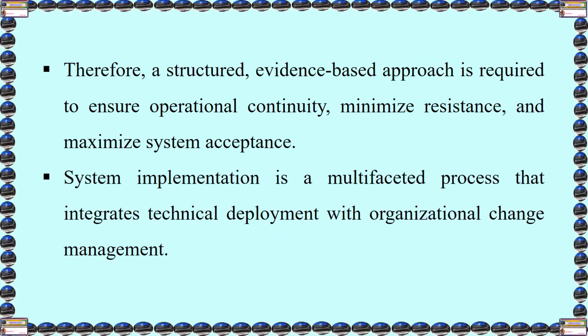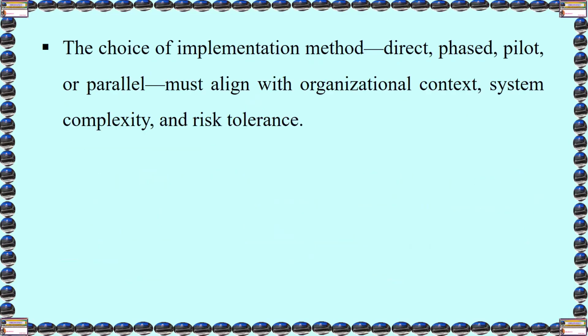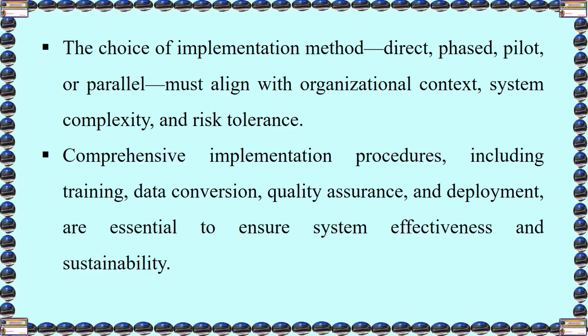System implementation is therefore a multifaceted process that integrates technical deployment with organizational change management. The choice of implementation method, that is whether direct, phased, pilot, or parallel, must align with the organizational context, system complexity, and risk tolerance. Comprehensive implementation procedures, including training, data conversion, quality assurance, and deployment, are essential to ensure system effectiveness and sustainability.